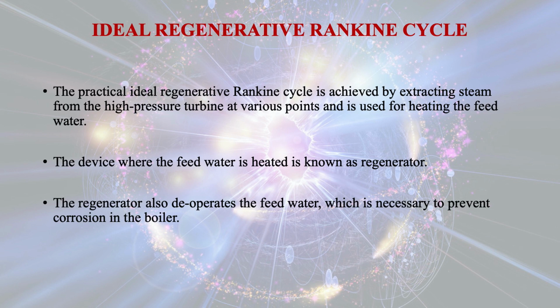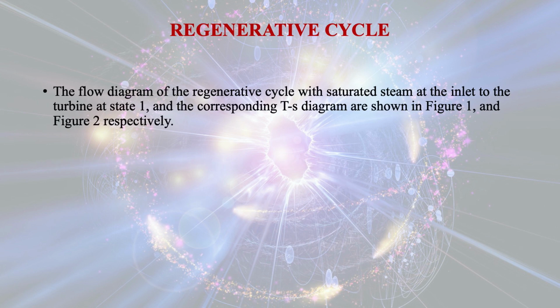The regenerator also deaerates the feed water, which is necessary to prevent corrosion in the boiler. The flow diagram of the regenerative cycle with saturated steam at the inlet to the turbine at state 1 and the corresponding TS diagram are shown in figure 1 and figure 2 respectively.